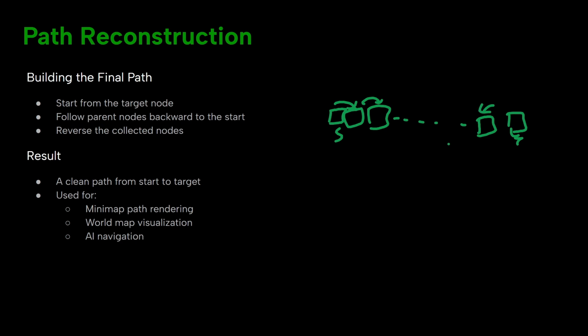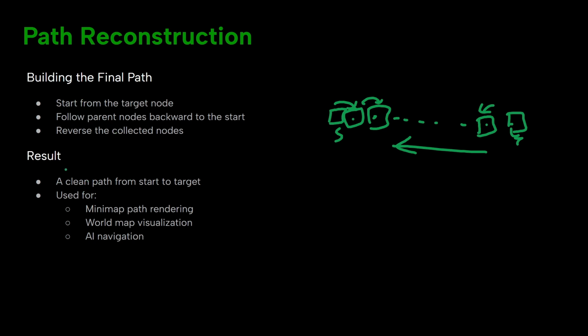After we find all the possible walkable cells, we have to reverse it to determine the path to be traveled, so that we can jump from here to here until it reaches here.